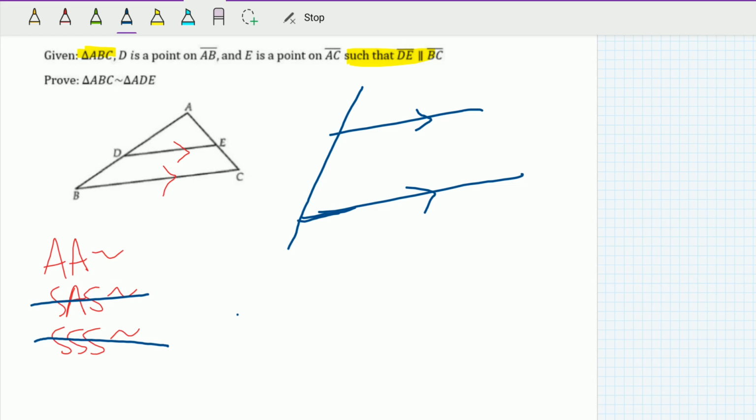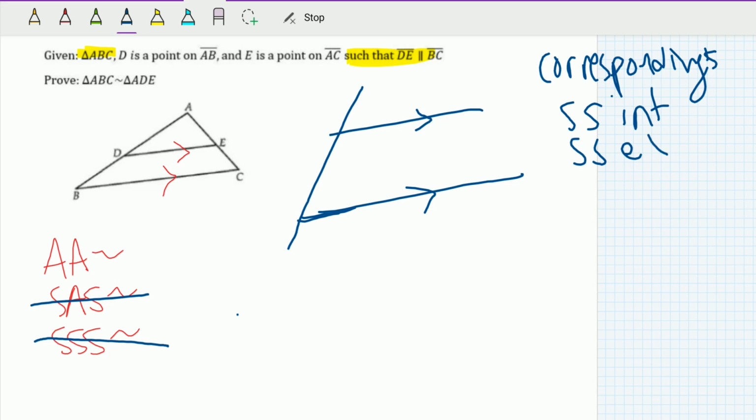And then you have all of these other relationships. You have corresponding angles, and then you have same side interior or same side exterior. You have alternate interior, alternate exterior. There's so many different names that people give it, but they're all basically the same concepts.